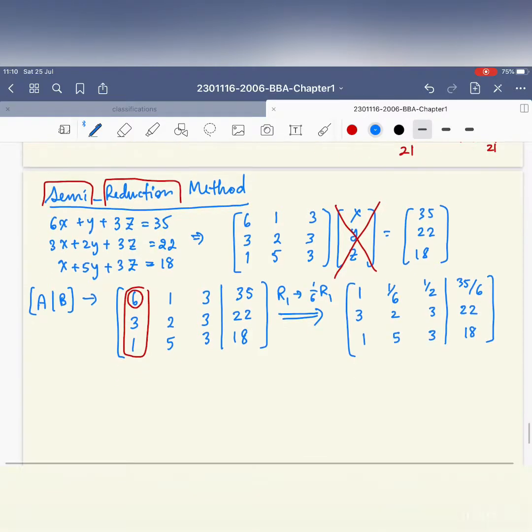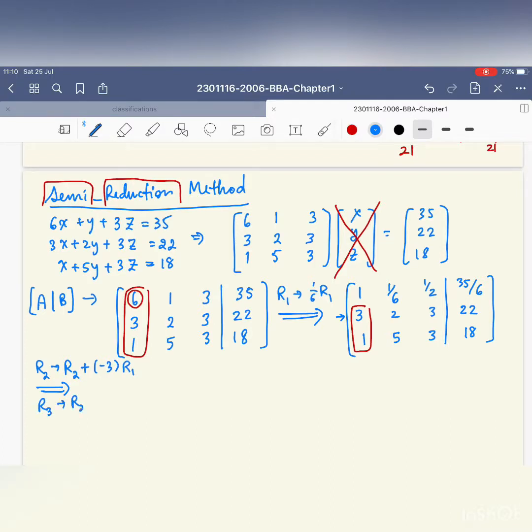Then as previously, we are going to get rid of the rest in that first column. So you are going to do R2 becomes your R2 plus the opposite number here that you need to get rid of times R1, and R3 also R3 with the opposite number there times R1 again.